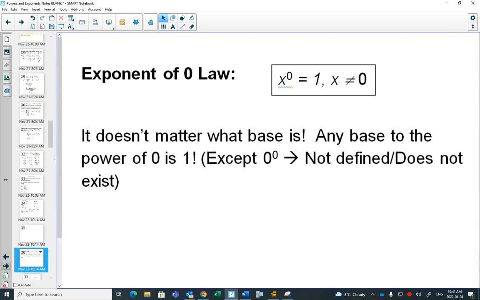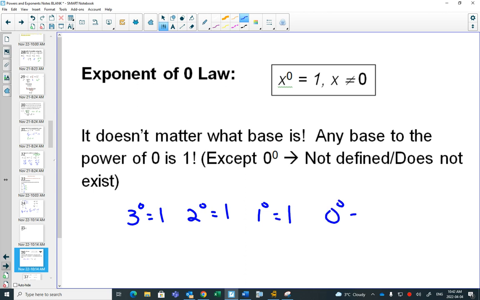And the reason for that is the following. Mathematics is based on patterns. So for example, 3 to the 0 is 1, 2 to the 0 is 1, 1 to the 0 is 1. What do you think 0 to the 0 should be if we're following a pattern? 1.